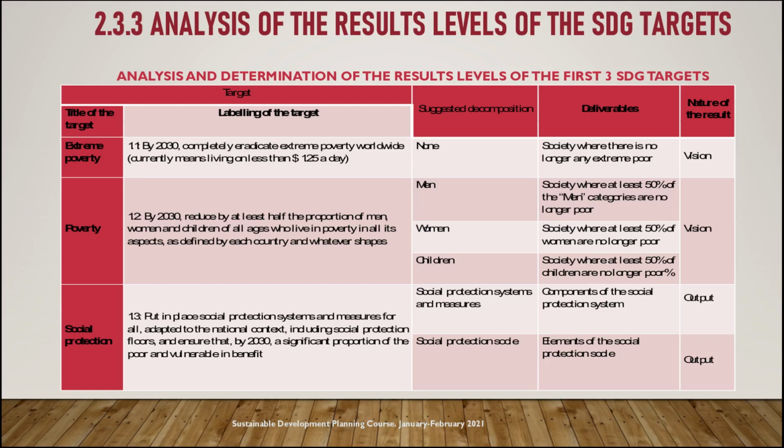So when you take the first target, which is formulated by saying by 2030, completely eradicate extreme poverty worldwide, that's a target, that is a purpose. To that purpose corresponds a deliverable, which is formulated as follows.